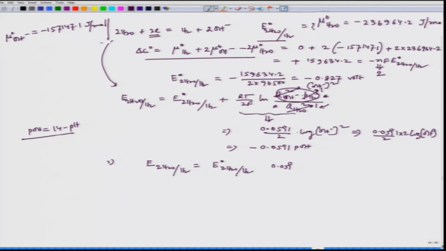So in order to write it again, I can cancel this part and write RT by 2F ln aH2O squared by pH2.